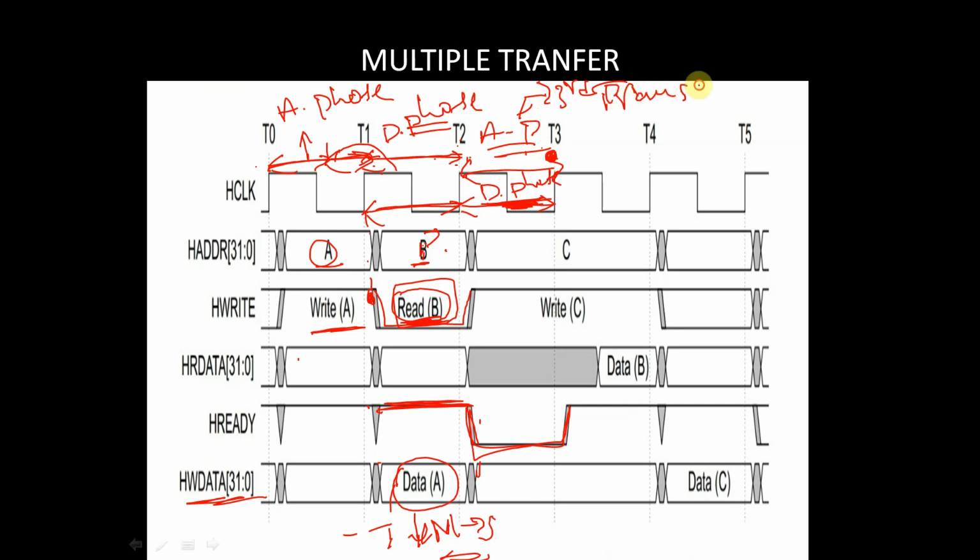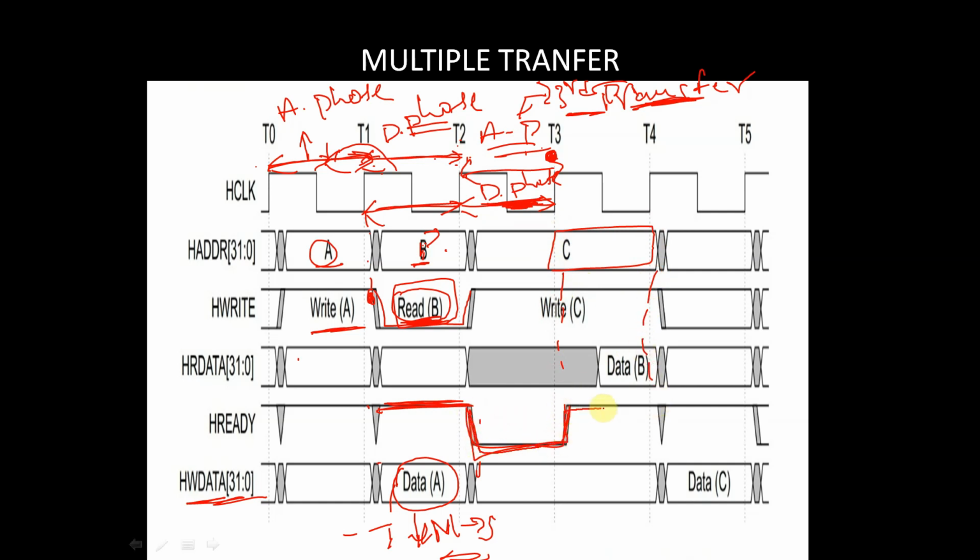Hope you are getting it. So T2 to T3 is the address phase for the third transfer. But here HREADY is low, so this address phase is extended up to here. So the address phase is getting extended up to here since HREADY is low.